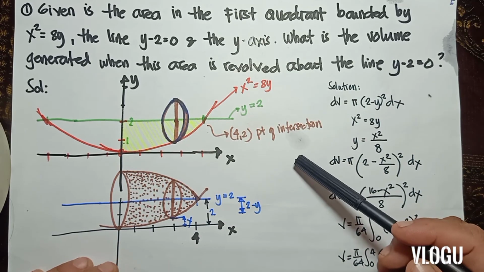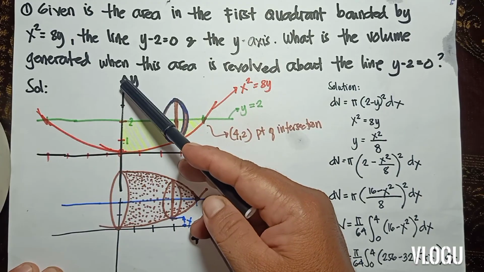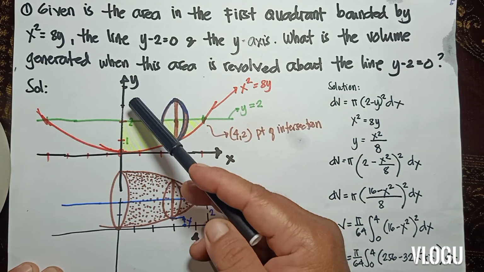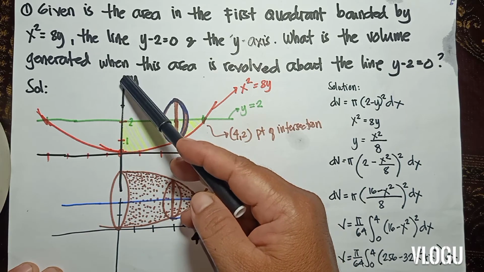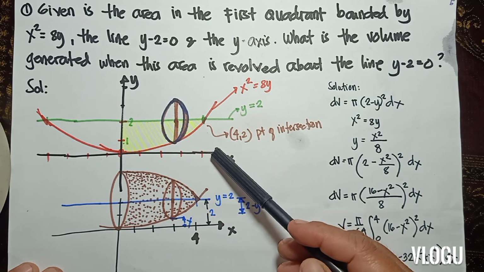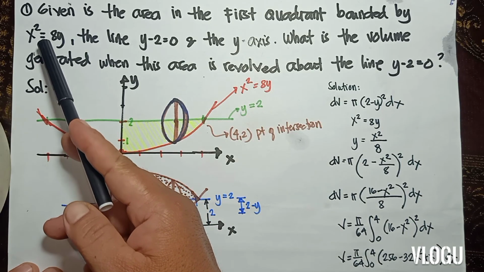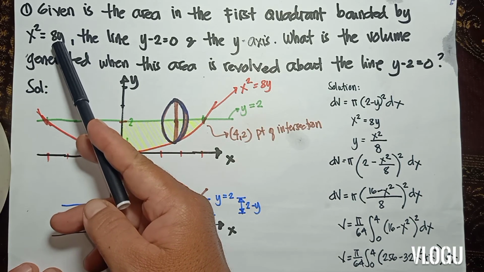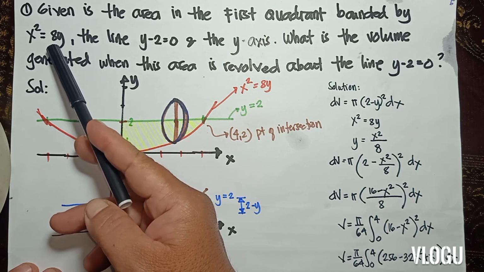So, solution here. We are going to plot the given curve. So we have y, x. If we look at x squared is equal to 8y, that is a form of what? A parabola.